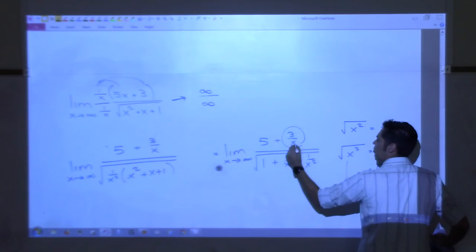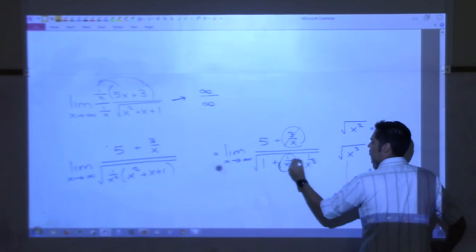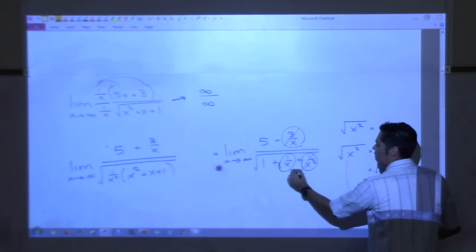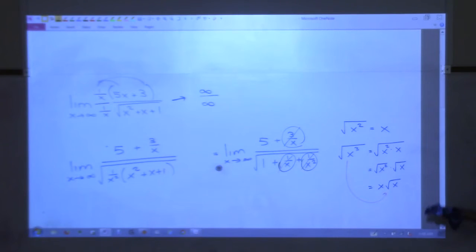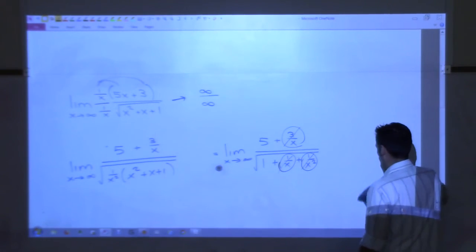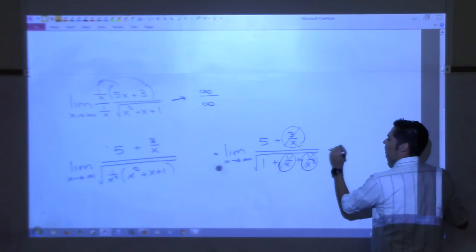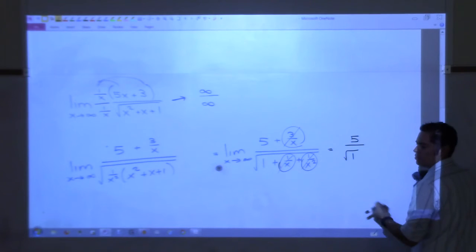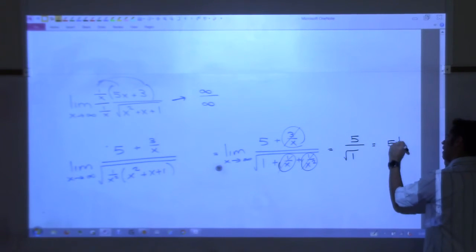This will vanish, this will vanish, and this will vanish. All of those go to 0 because of that property, x to any positive integer power. So you get 5 on top, and you get root 1 on the bottom, which is just 1. So you get 5.